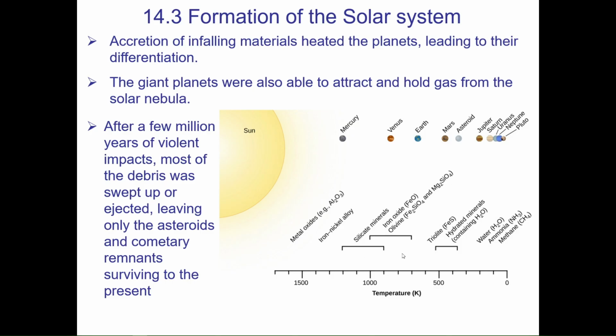As we progress further and further away from the sun, you can see sulfur compounds, which is iron sulfide. And as we go even further away, with even lower temperature, oxygen can combine with hydrogen to condense in the form of water, and hydrogen interacts with other elements, for example nitrogen and carbon, to form the compounds ammonia and methane.